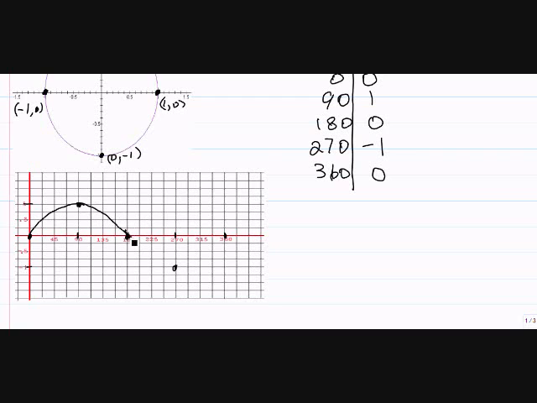And my function looks like one of those functions that we studied at the beginning of the chapter, the periodic function. And this one is called sine.